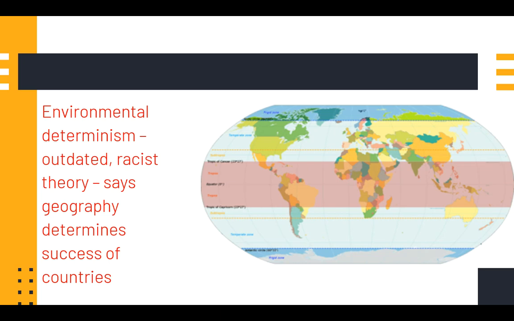Environmental determinism is an outdated racist theory that came about during the 1800s because white people, industrialists in Europe, and maybe a little bit in America, said, why are some countries in this world prosperous and other countries are not?